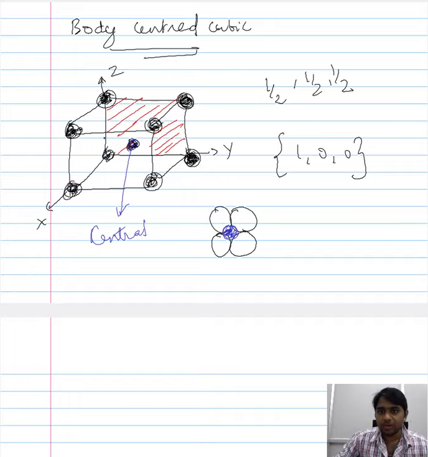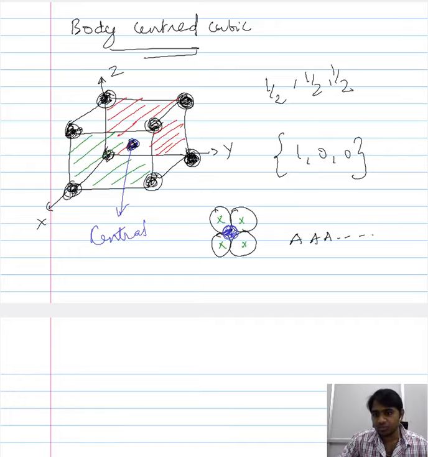And now when you move away to this plane here, which we will highlight in green, the positions of the atoms in this green plane are similar to the positions of the atoms in red. So the red plane and the green plane have the same positions of the atoms. So that means the center remains the same. If you don't have any central atom, then the atomic sequence would be A, and this would then represent the simple cubic structure.